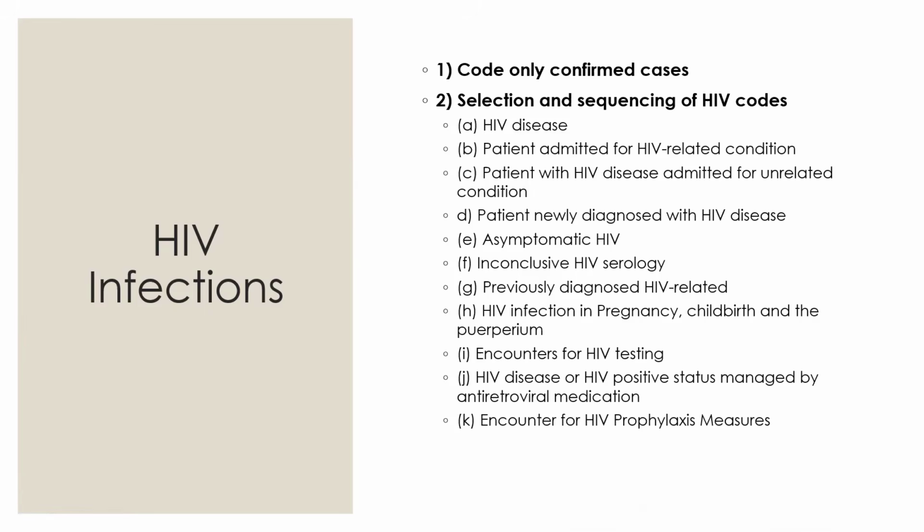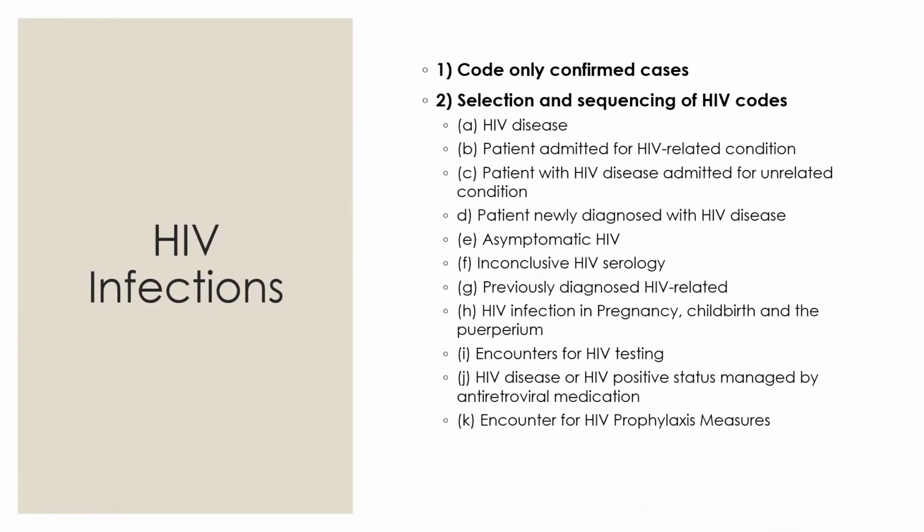When you have an encounter for HIV testing without signs or symptoms, use code Z11.4, and then you can use additional codes for any associated high-risk behavior if applicable. When a patient presents with signs and symptoms of HIV, then you will use the code Z71.7 for the counseling provided for the encounter of that test.